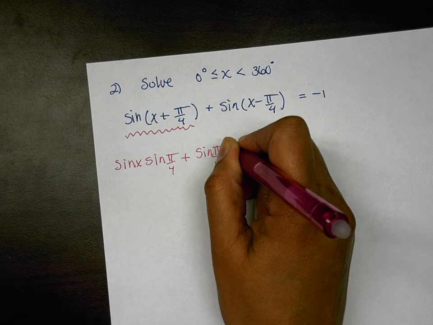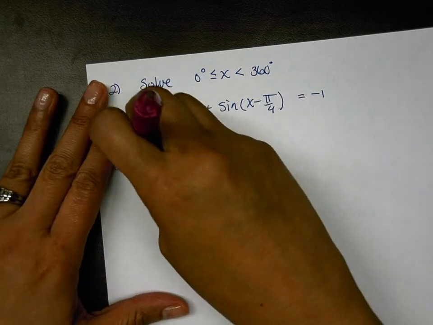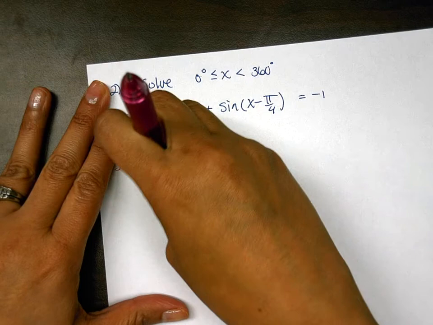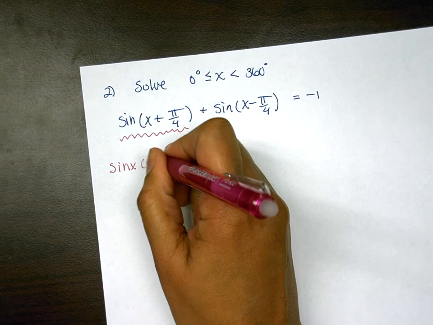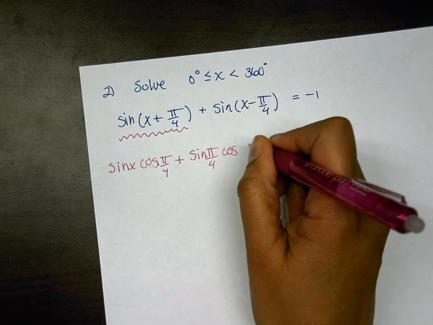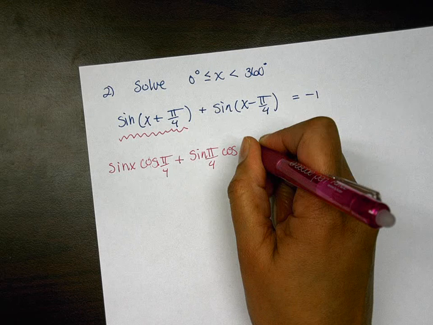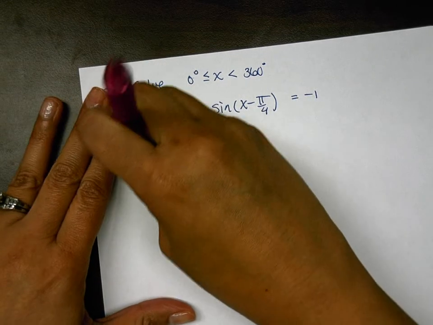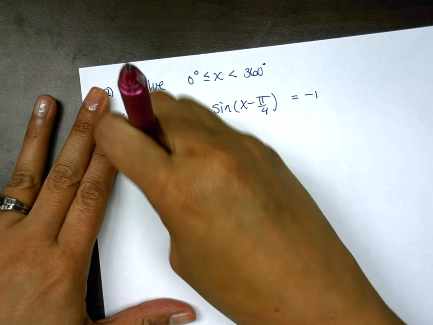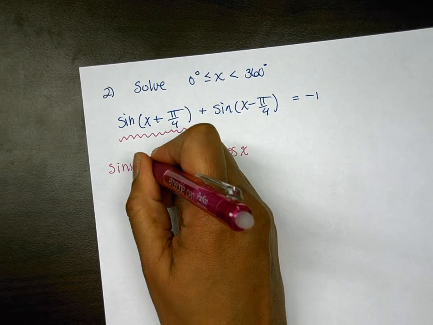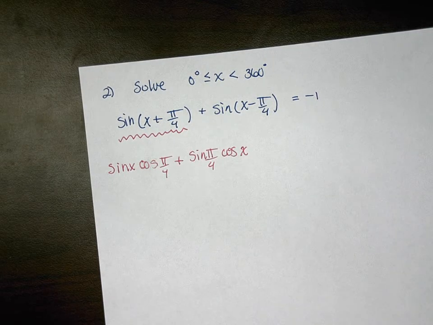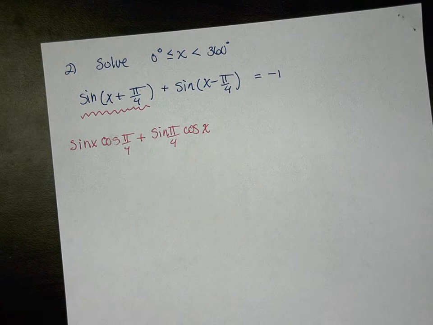And I did write that wrong. Sorry, guys. Hopefully you wrote it correctly. If not, please fix it. We said it was friendly, but I wrote it as snobby. Sine of x, cosine of pi over 4, plus sine of pi over 4, cosine of x.